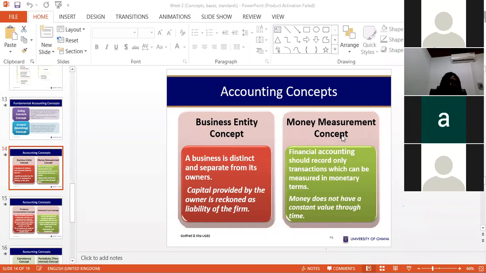So if a thing cannot be quantified in monetary terms, accounting cannot record it. That is just the basis, and this is what we hold constant. Every activity that occurs, we can reduce it in monetary terms, and let's provide the information for you.